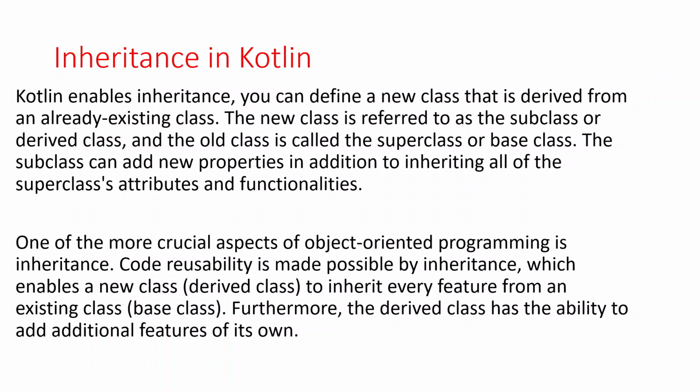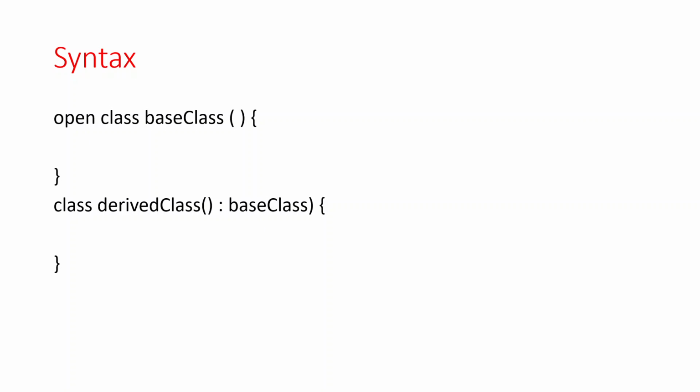Code reusability is made possible by inheritance, which enables a new class, the derived class, to inherit every feature from an existing class, the base class. Furthermore, the derived class has the ability to add additional features of its own. This is the syntax of inheritance: open class, base class.